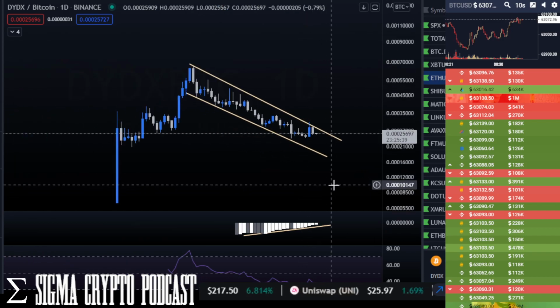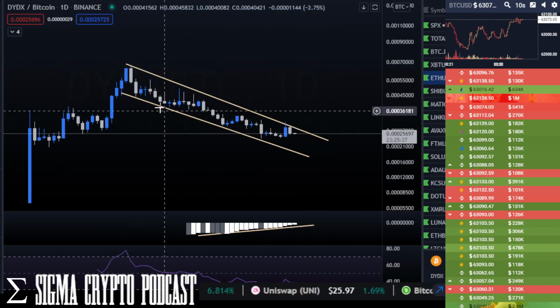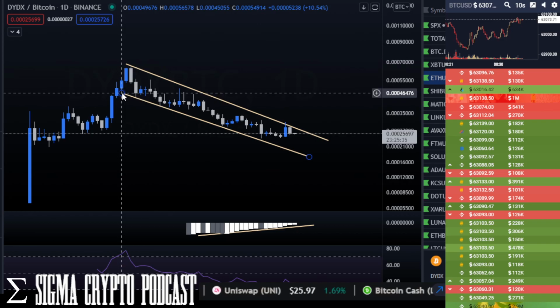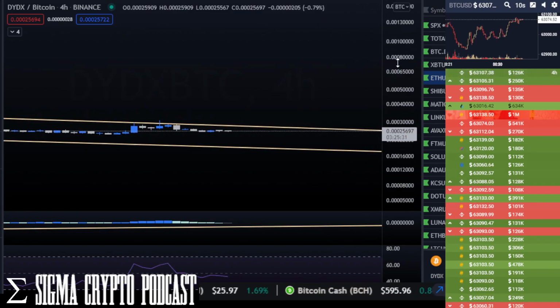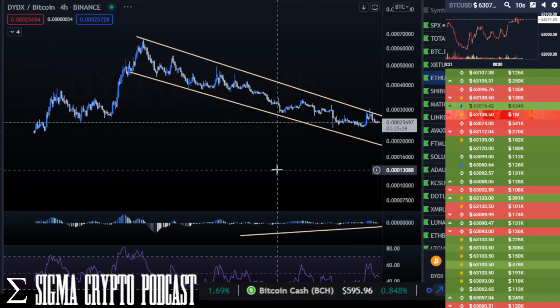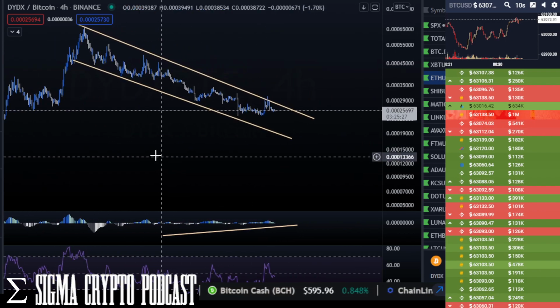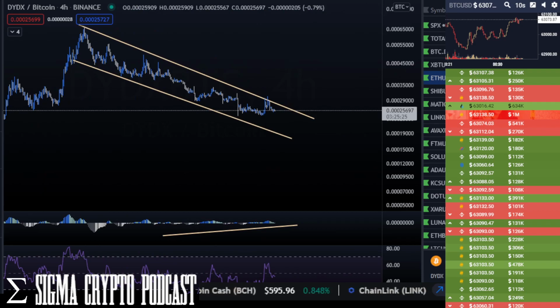There's a symmetrical triangle on the daily, but it's so trash. That's what I was saying: there's a hidden bullish divergence, because look at this September low, higher low, but lower low on RSI. But it's enormous, man. It's fundamentals based.